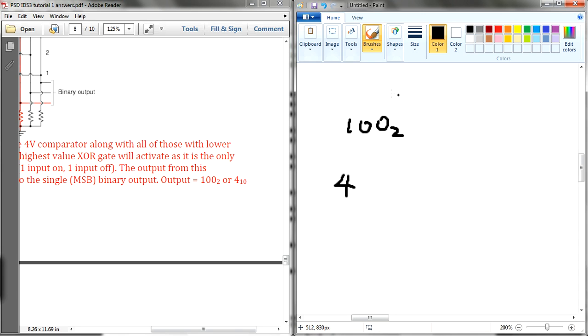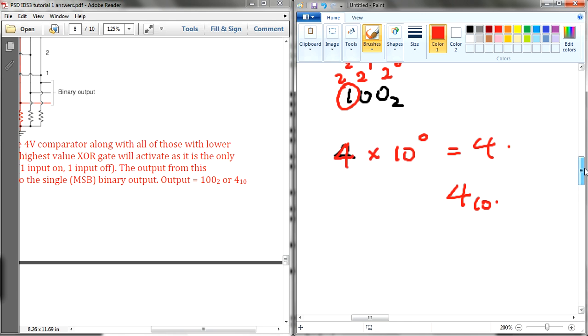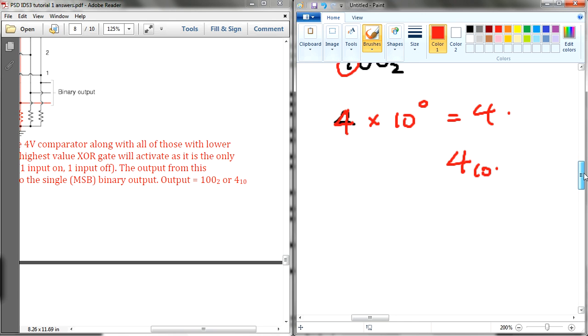You know that this is 2 to the power of 0, this is 2 to the power of 1, this is 2 to the power of 2. There's only 1 lit up over here, so 2 to the power of 2 is 4. So you can see that it is only 4 in base 10. These are the conversions that you may need to really understand.